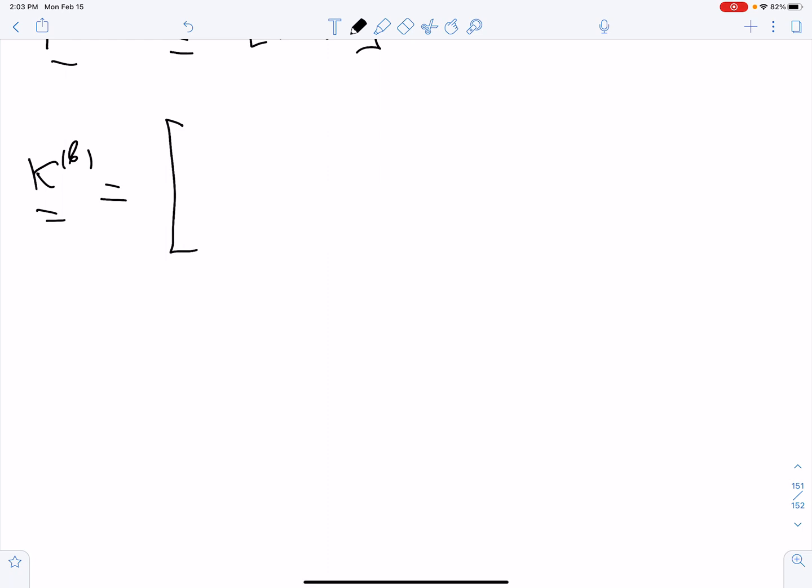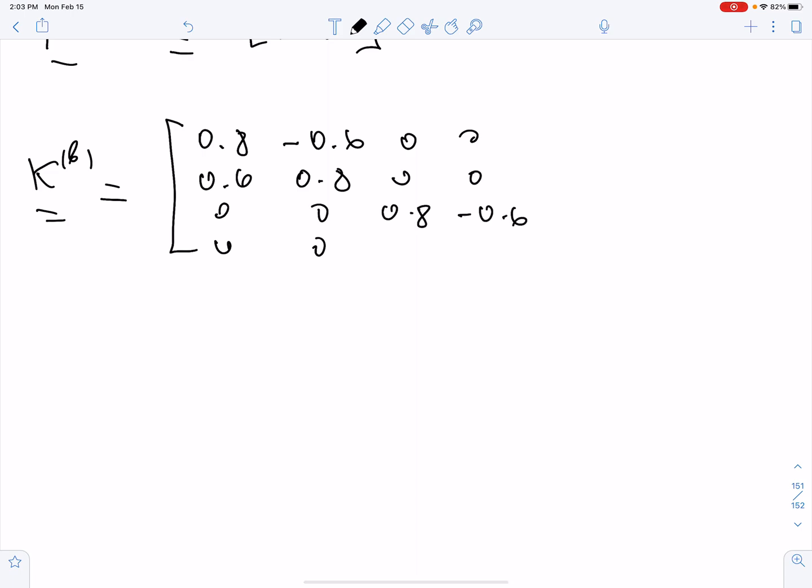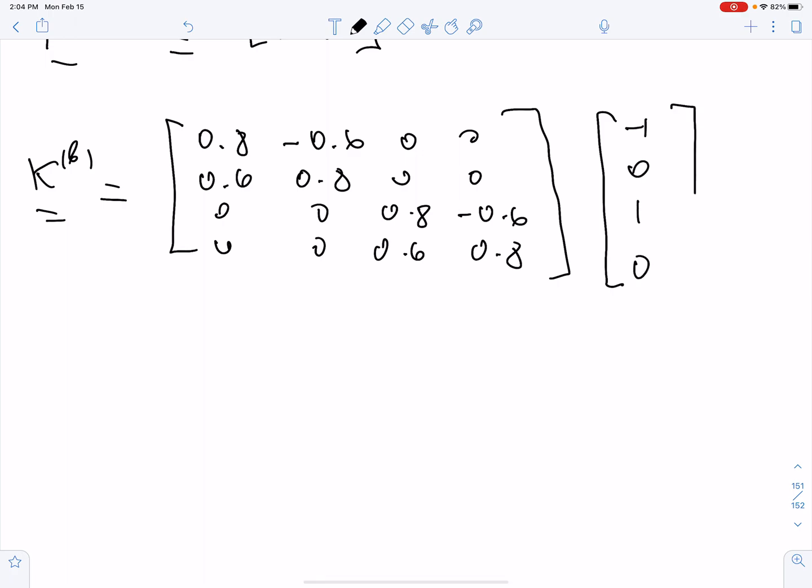gamma ROT transpose, which is 0.8, minus 0.6, 0.6, 0.8, 0, 0, 0, 0, 0, 0, 0, 0, 0.8, minus 0.6, 0.6, 0.8. Okay, watch the signs on 0.6, because of the transpose, the off-diagonal entries flip, right? That guy goes and multiplies RBM, which is unchanged.